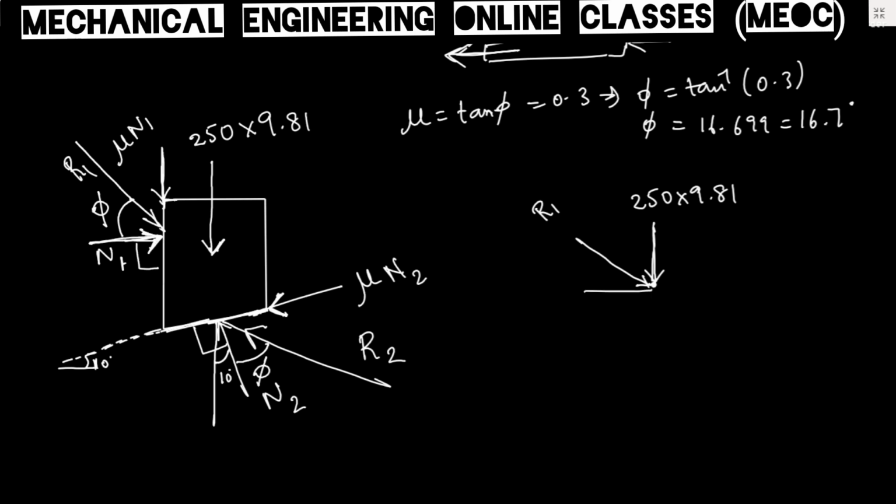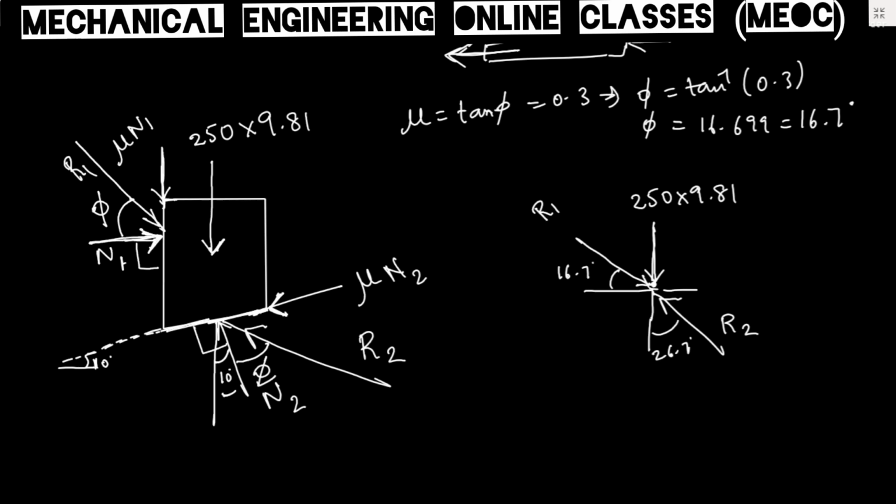Phi is nothing but 16.7 degrees, and there is also an R2. This is R2, which is at an angle 10 plus phi from vertical. 10 plus phi is 26.7. This is 26.7 degrees.